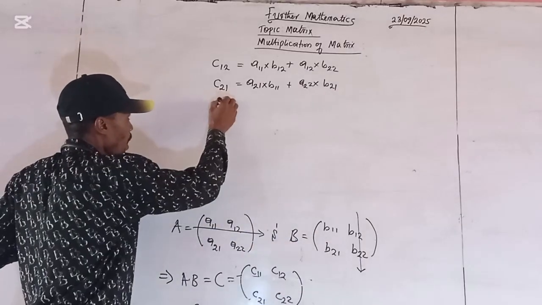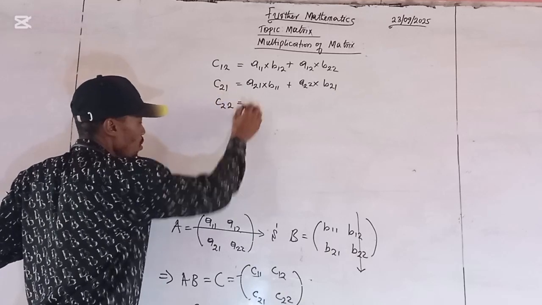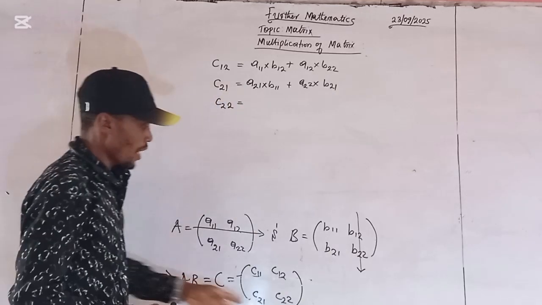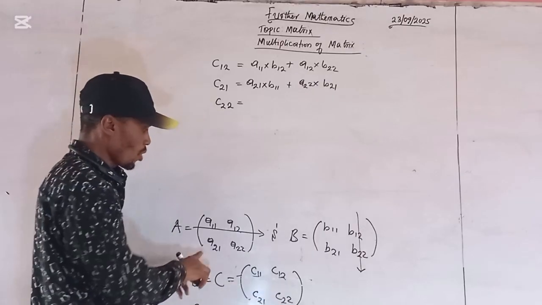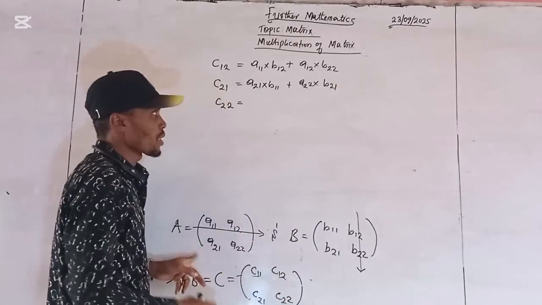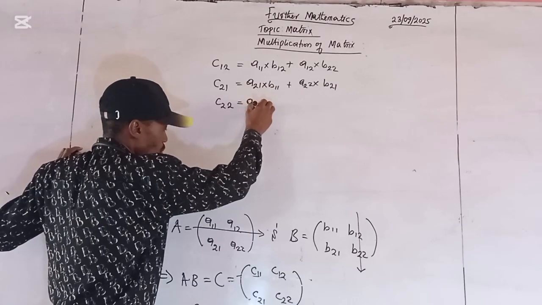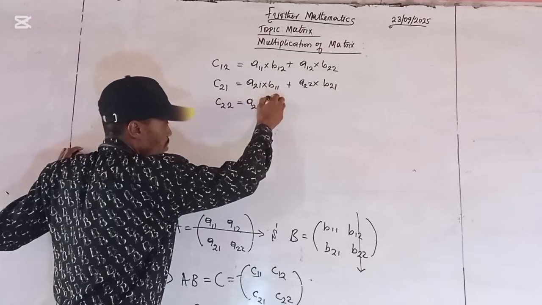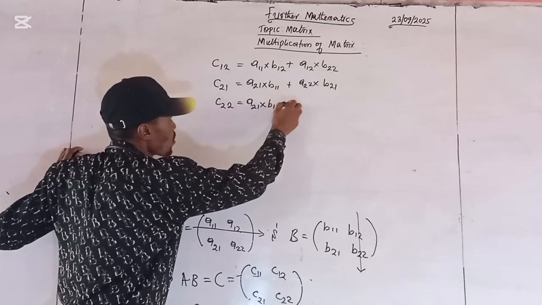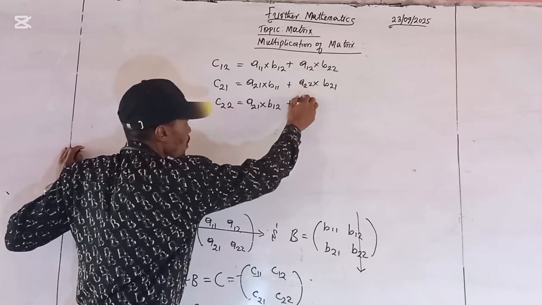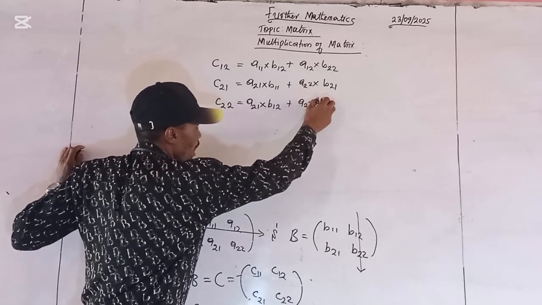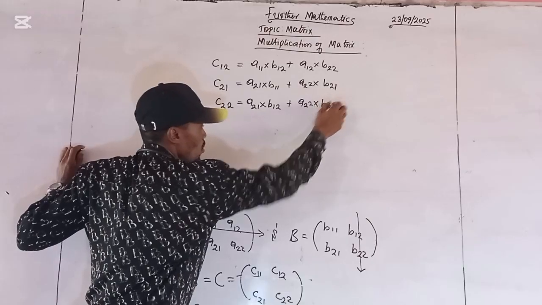Then finally we'll have C22. We want to arrive at C22. We are still going to make use of the elements in row 2 of matrix A to multiply the elements in column 2 of matrix B. So here we arrive at A21 times B12 plus A22 times B22.